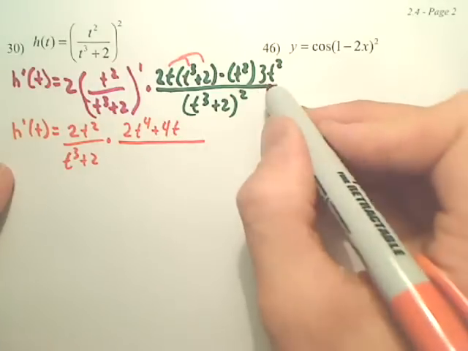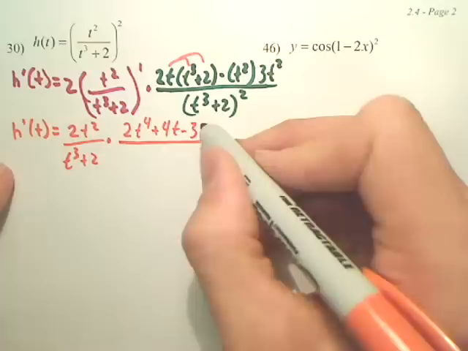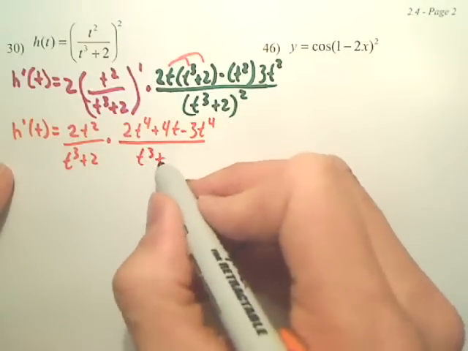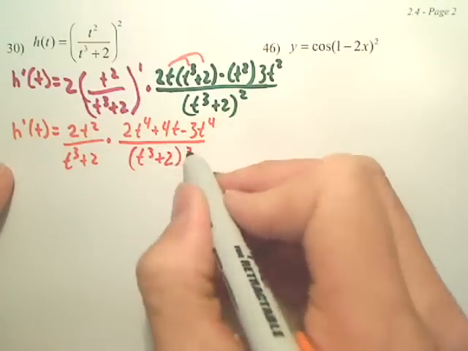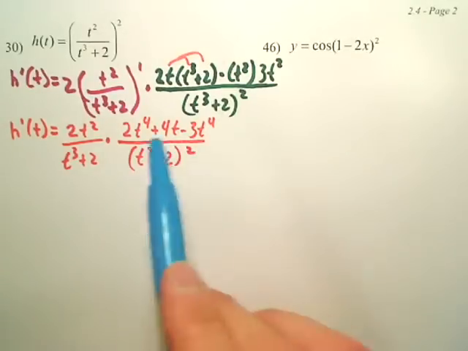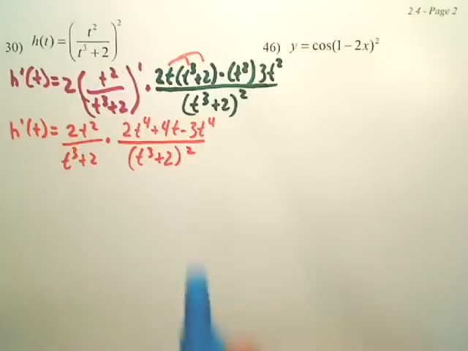And then this times this looks like a minus 3t to the 4th over t cubed plus 2 squared. Again, I simplified the green here, brought the 2 in here. The 1, just ignore it.